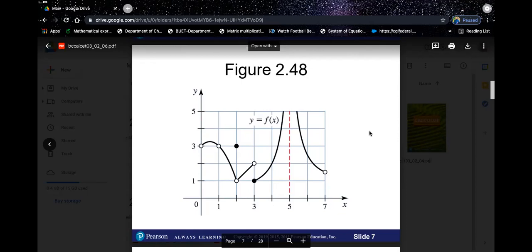So do we have continuity at x equals 1? No. Okay, very good. Yeah, you're right.